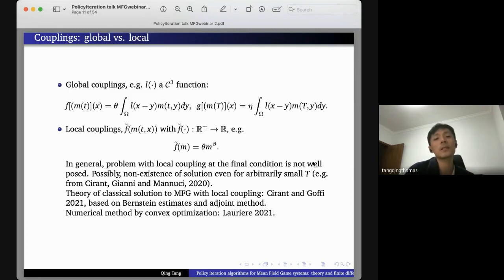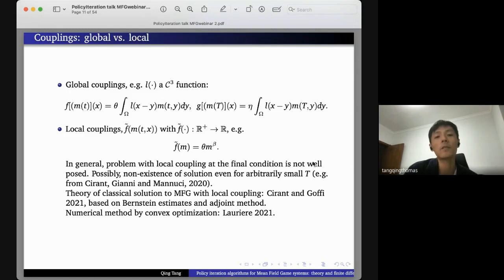For local couplings, I consider a special case. Local coupling is kind of a function of the density. An example would be what I'm showing here. In general, a problem with local coupling at the final condition is not well defined. That's why we read in many papers, including the lecture notes of Mathieu Laurière, that if we discuss local coupling, only the running cost is defined, not a terminal cost.